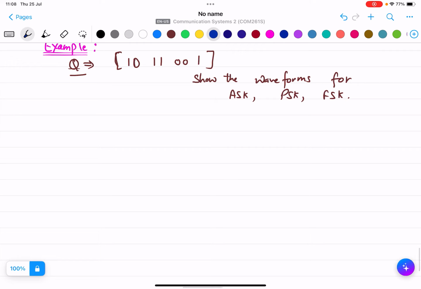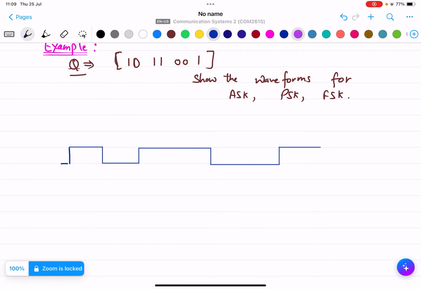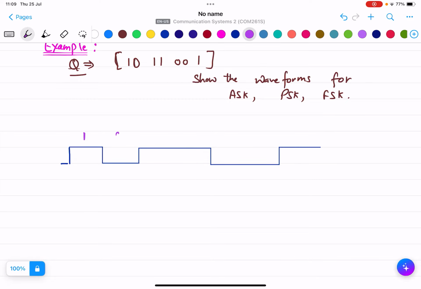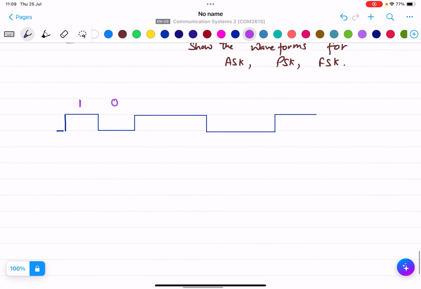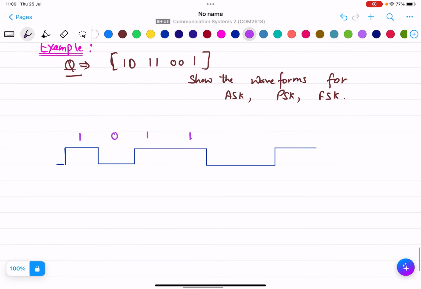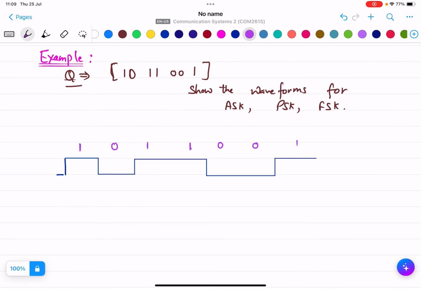The first one is 1, next is 0, next is 1, and another one is 1, and then there are two zeros, 0 0, and then there is 1. So it's like that: 1 0 1 1 0 0 1.